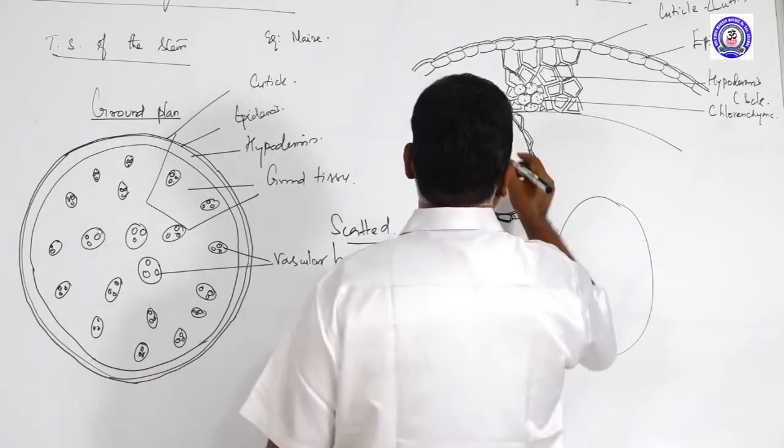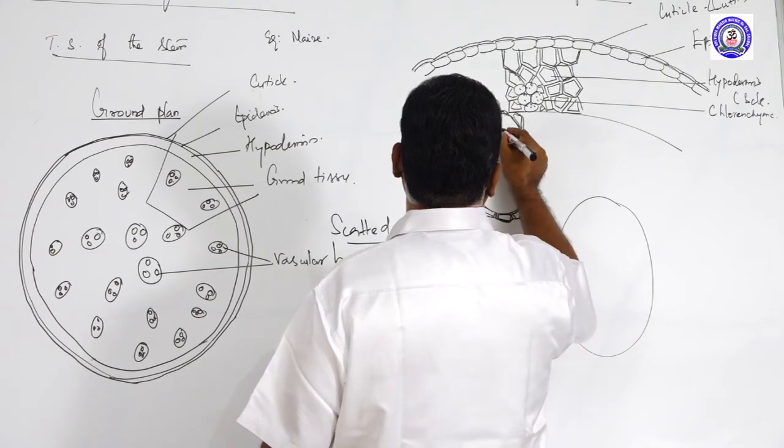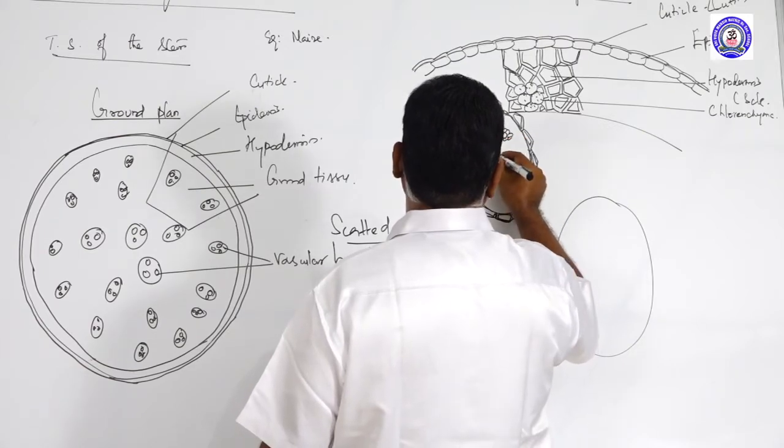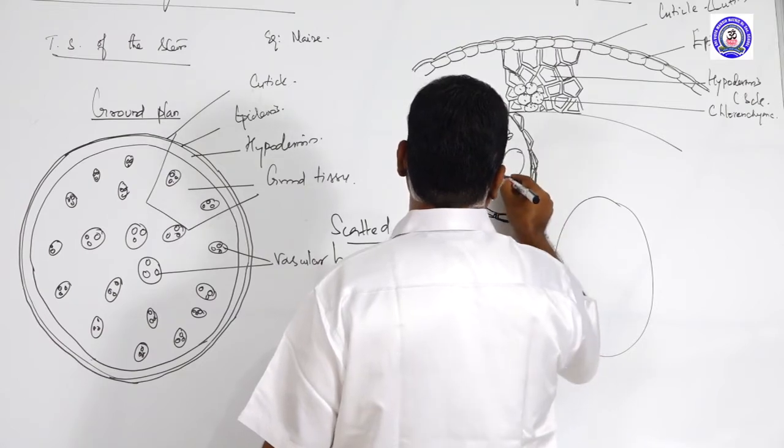In the vascular bundle, you see phloem. This is primary phloem, and xylem, metaxylem, protoxylem.